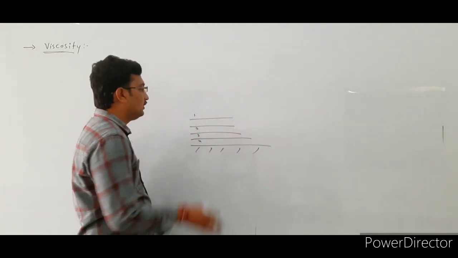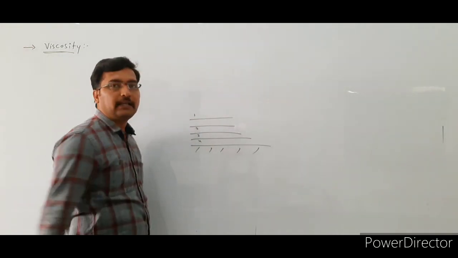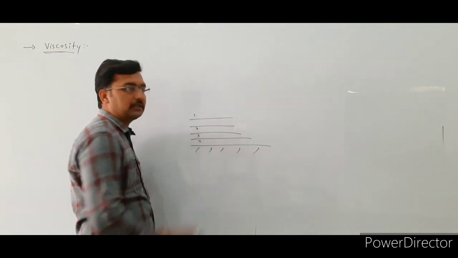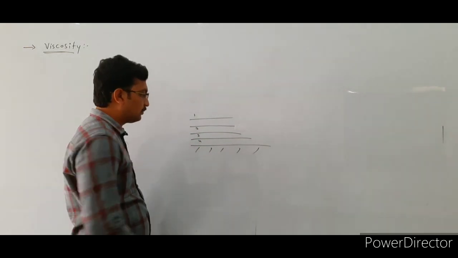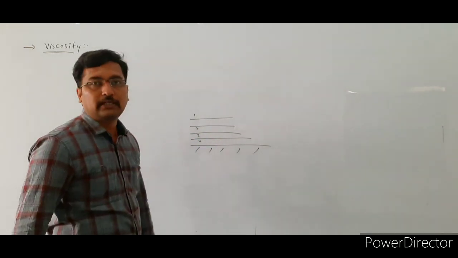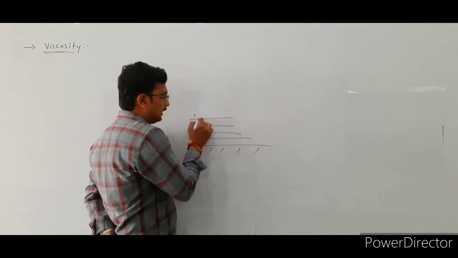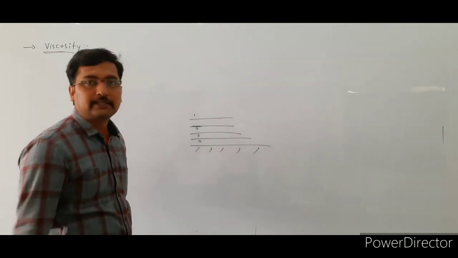The first layer is moving with the maximum speed compared to the second layer, the second layer is moving faster than the third layer, and similarly the third layer is moving faster than the fourth layer. Consider the first layer and the intersection between the first and second layer.